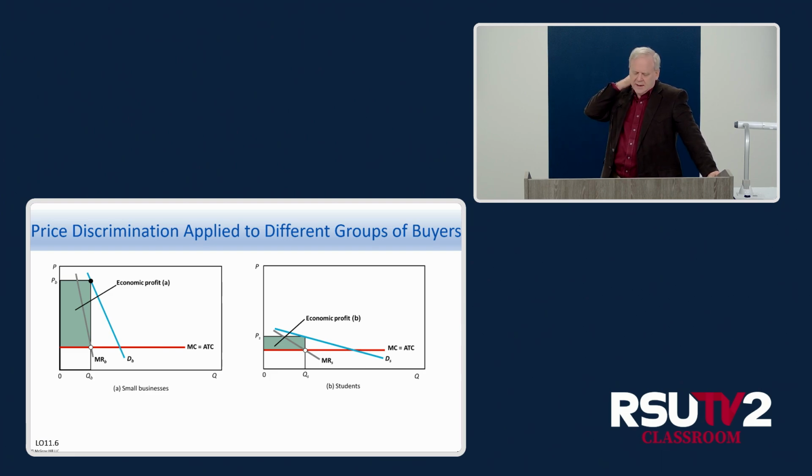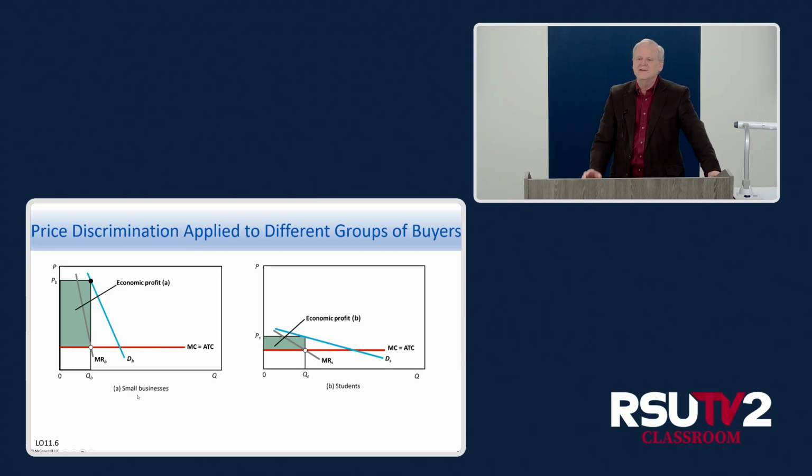Again, if you look here just a second, you'll see students are more price elastic. The good is more price elastic in the student population than it is for small businesses. Remember back when we talked about price elasticity, and I kept going back to insulin. Insulin has almost that vertical demand curve, kind of the same idea here.